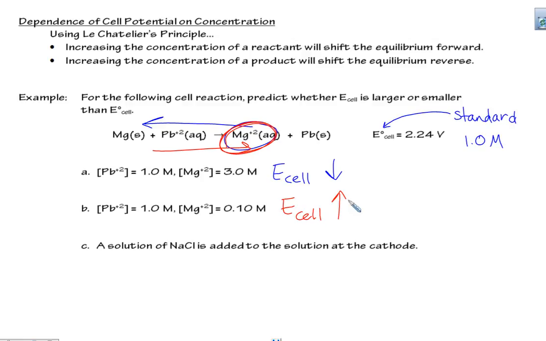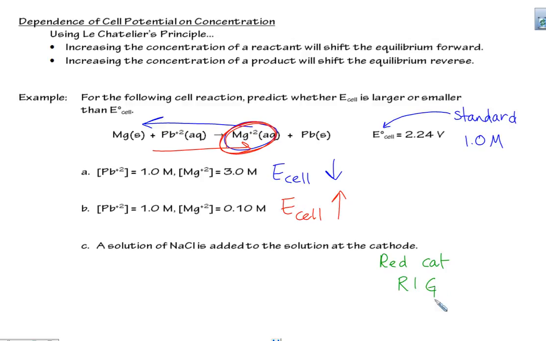Check out C. This one's kind of interesting too. What if a solution of sodium chloride is added to the solution at the cathode? Okay, so I have to think of a few things here. Number one, the cathode. Red cat. Okay, so I want the reduction equation, and reduction involves gaining electrons.